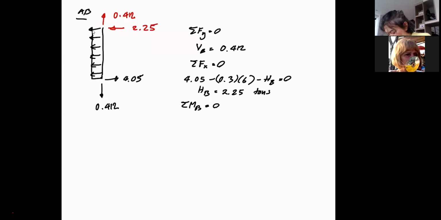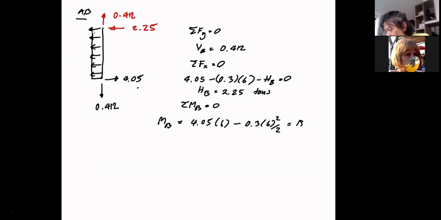So that would be MB should be equal to 4.05, I'm assuming that one would give a larger moment, multiplied by 6 minus the moment due to the uniform load, which is 0.3 multiplied by 6 square over 2.